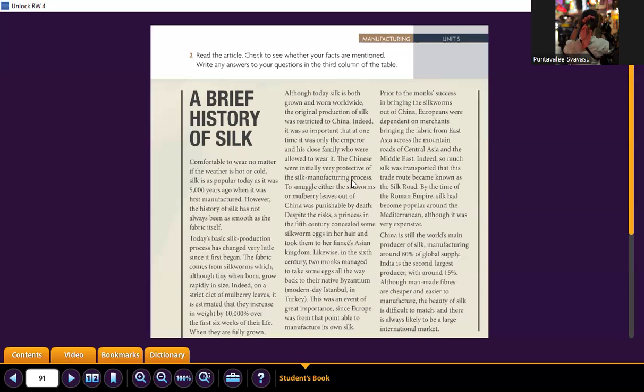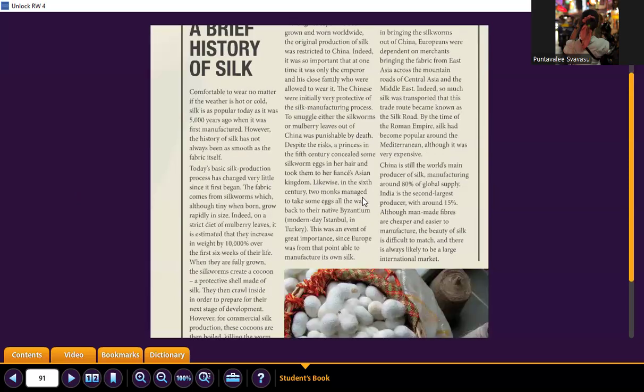Number three, for this one, eggs were smuggled back to Europe. At this point, you are required to have a little bit of background knowledge because they talk about Europe. If you skim through it, you will not really see the word Europe, but right here they mean Turkey.